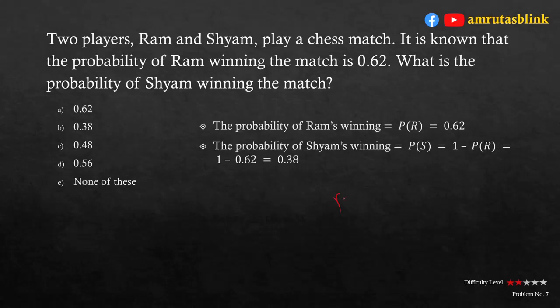Hence, in this case, as both of them are playing the match, probability of R plus probability of Shyam, P of S, is always equal to 1, and hence P of S is equal to 1 minus 0.62, that is nothing but 0.38, which is answer option B.